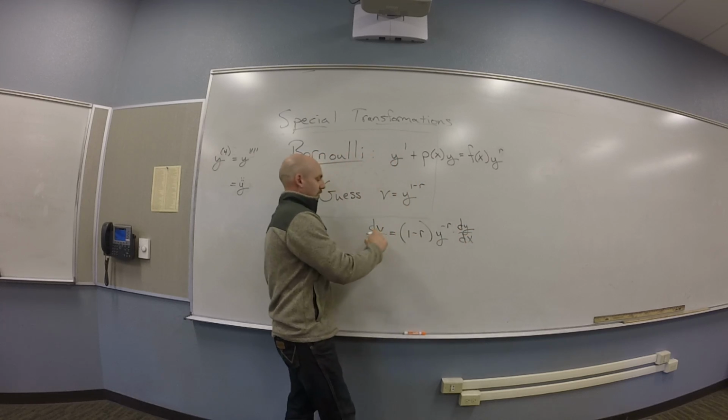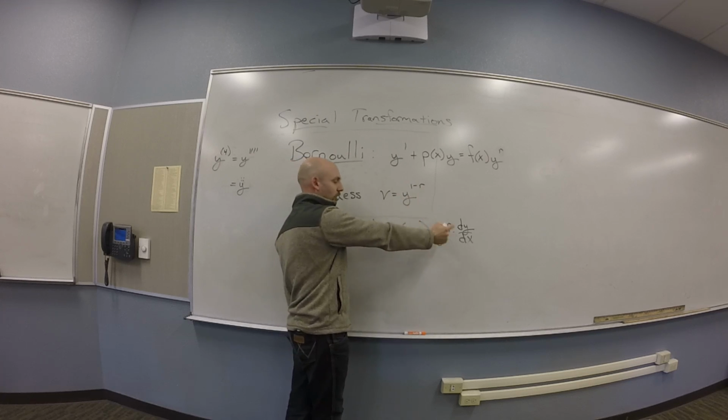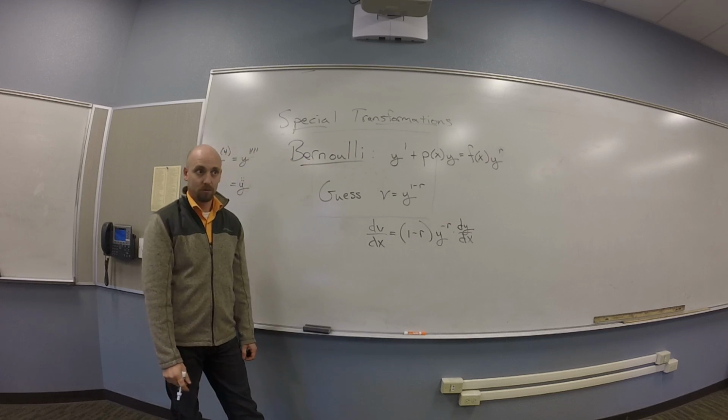So I got dv dx is drag the power down, y to the one lower power, times the derivative of y. You guys all with me?